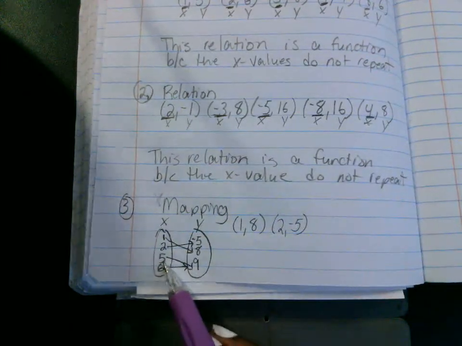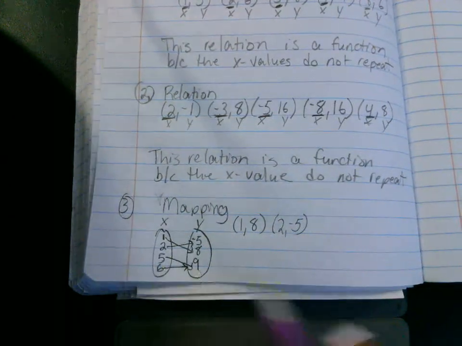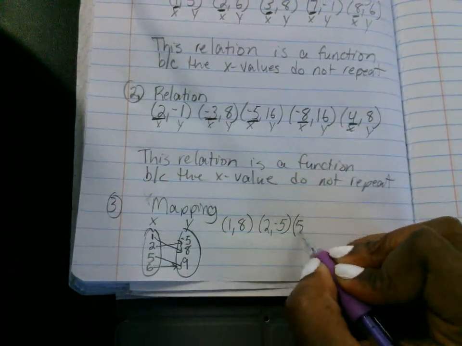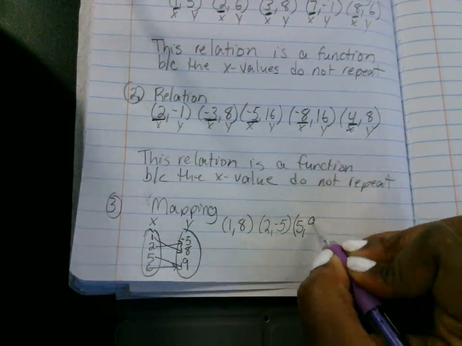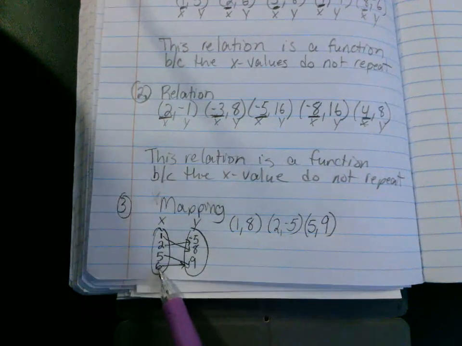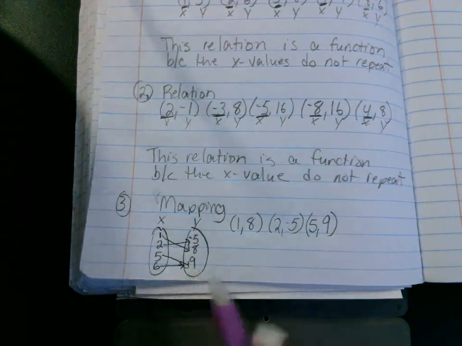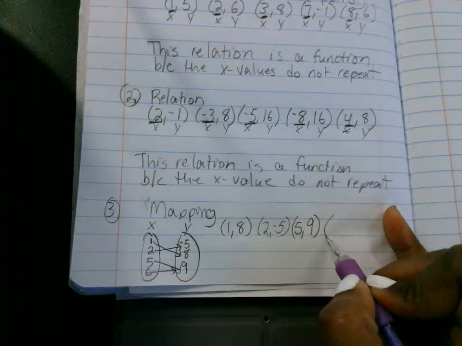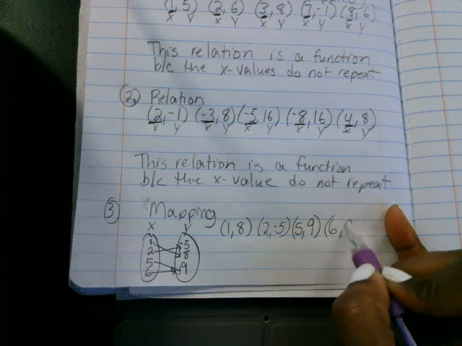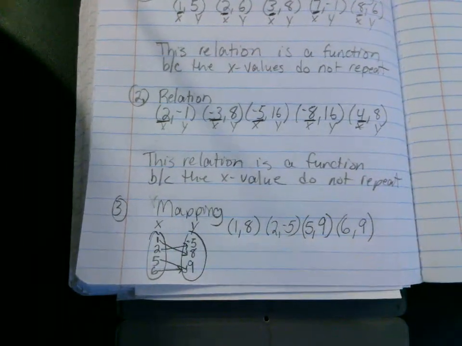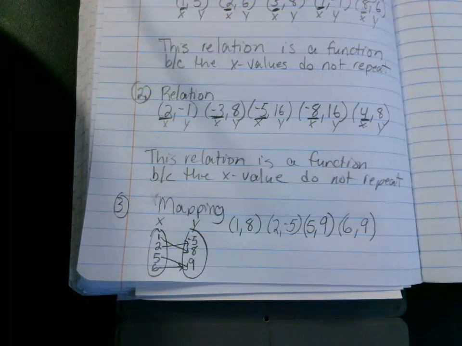The third ordered pair goes from 5 to 9. So the third ordered pair is 5, 9. And the last ordered pair goes from 6 to 9. So the ordered pair here is 6, 9. Now we're going to write if this relation, this set of ordered pairs, is a function.